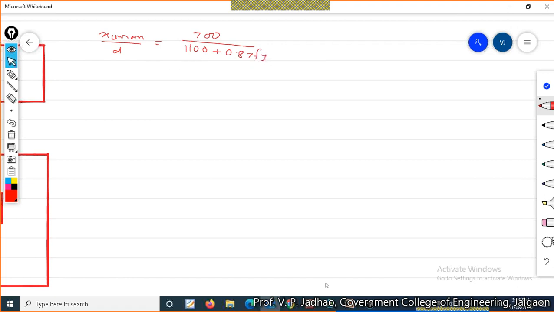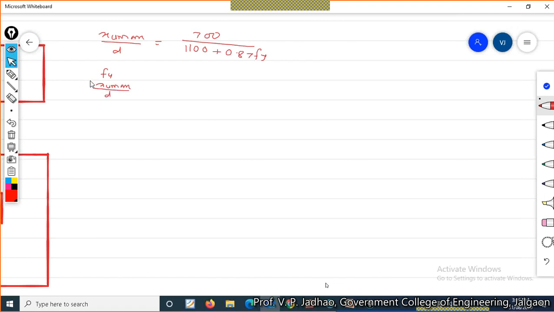Now if you provide the value of Fy in this equation, we can get the value for all the Fy or Fe.